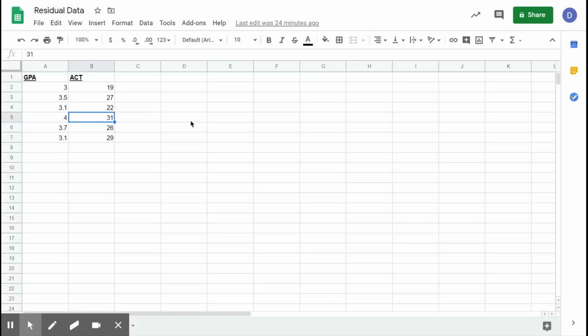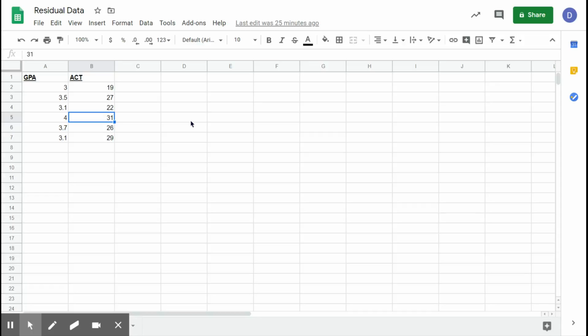You would think that there's going to be a positive relationship, but I guess we shall see. And again, a positive relationship would mean that the higher the GPA, the higher the ACT score. Not always the case, but in general, you would think that that's going to be true.